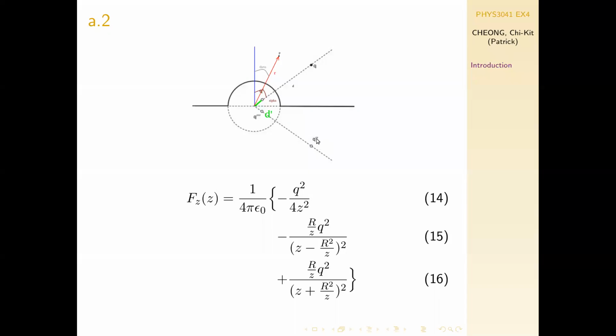And then Q double prime equals minus Q, so there comes out a minus sign and Q squared, and so on. Work out all the forces induced by the different image charges and sum them up. So again, you obtain an expression of the force acting on this particular point charge Q.